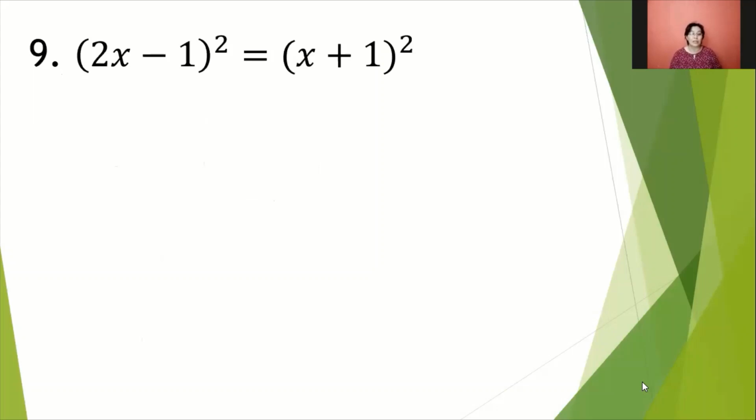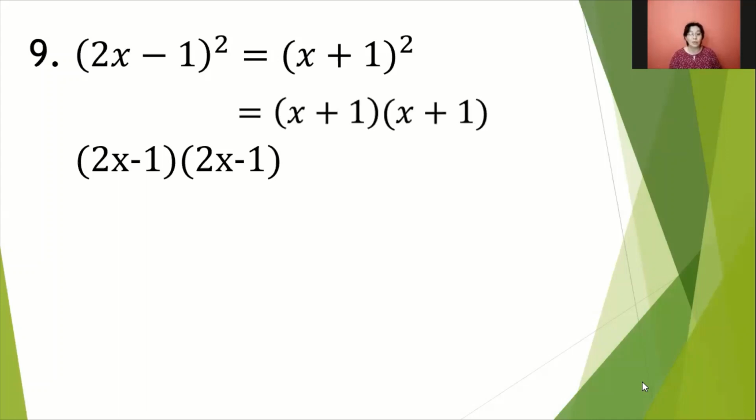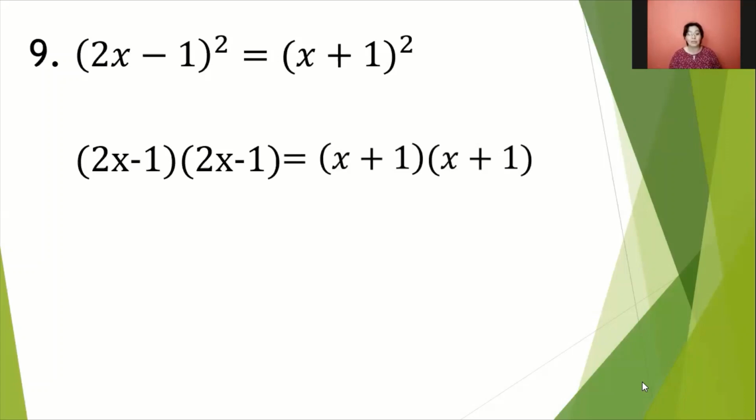It becomes 2x minus 1 times 2x minus 1 is equal to x plus 1 times x plus 1, where 2x times 2x is equal to 4x squared. 2x times negative 1 is negative 2x. Negative 1 times 2x, again, is negative 2x. And negative 1 times negative 1 is positive 1. This is equal to the other side.